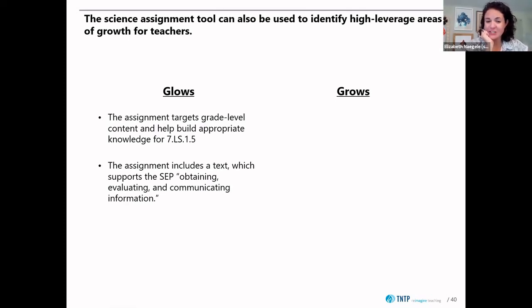However, it really focuses on the interdependence of the systems and not just knowing the organs in the system itself. So there's some alignment to a grade level standard. I would probably call that partial alignment. And the use of the text helps to support students' ability to obtain information, though it does not reach the depth of the science and engineering practice itself.